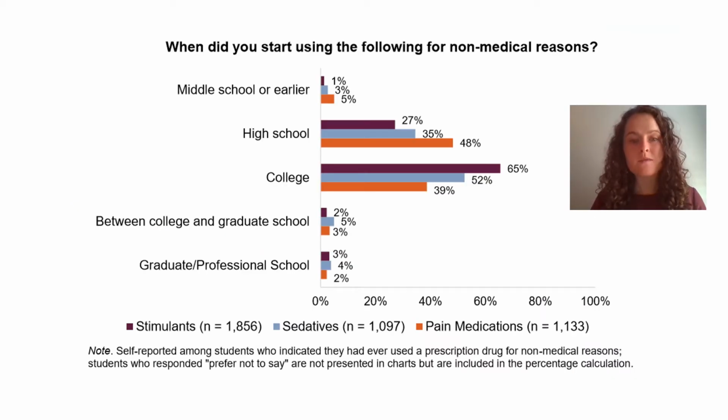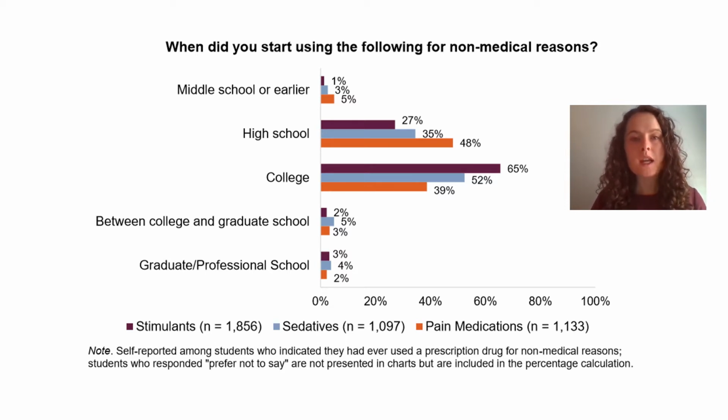Now this chart here is very important. This chart shows when people started to use medical prescription drugs for non-medical reasons. As you can see, it first started in high school, with pain medication being the highest. It then carries into college and in most cases gets worse and switches to stimulants. I want you to pause the presentation and look this over.